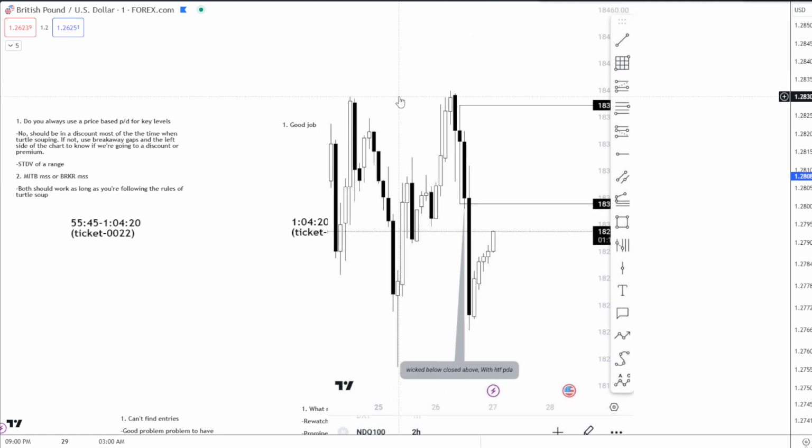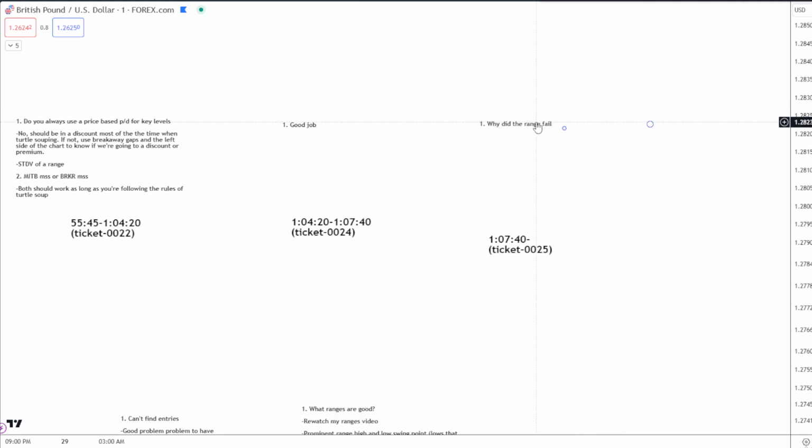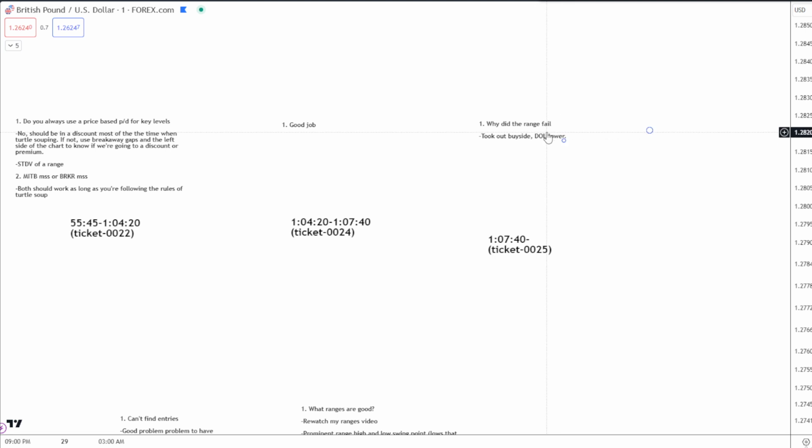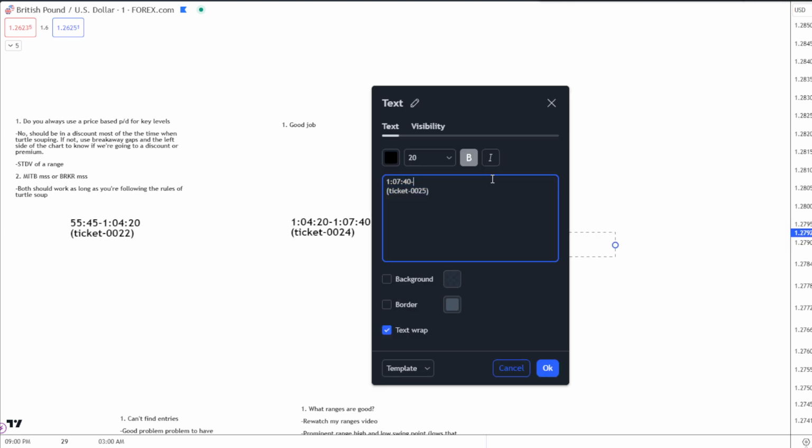I can't really see the chart, so it's kind of hard to tell, but mainly the long wick and these failure swings, and then taking out this high. So why did the range fail? Took out buy side, draw lower. That's a pretty simple explanation. So from 107.40 to 110.50.